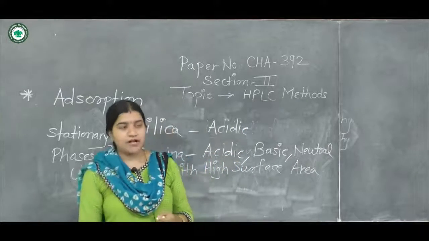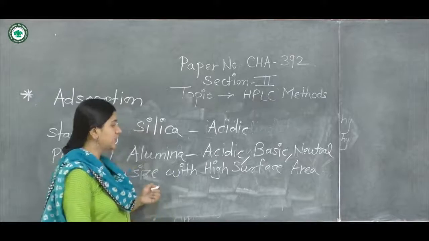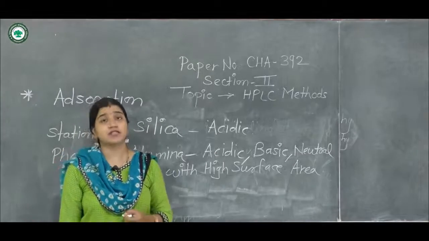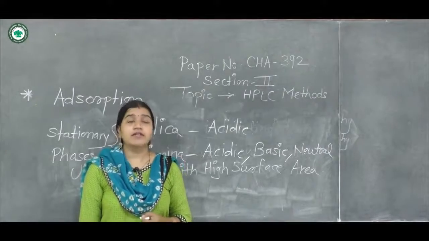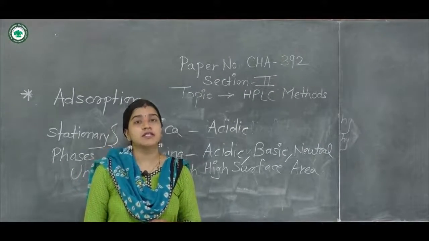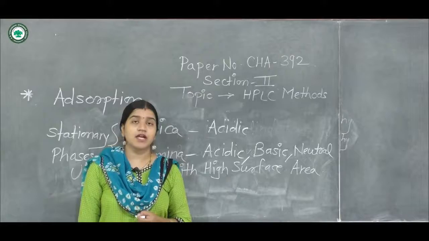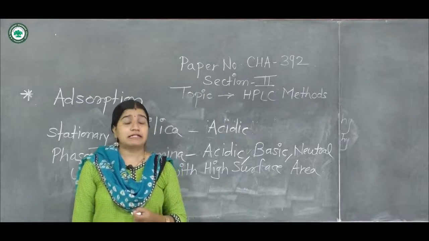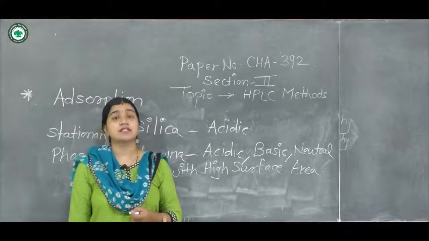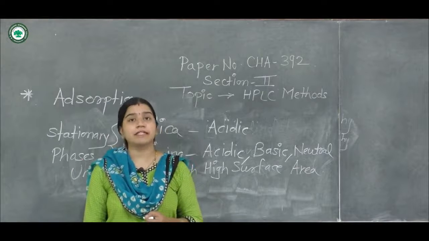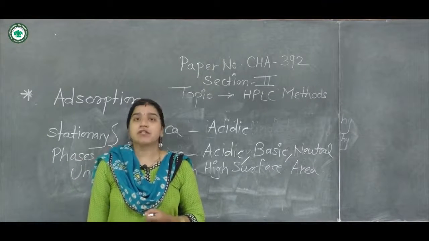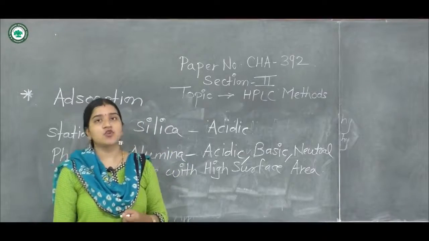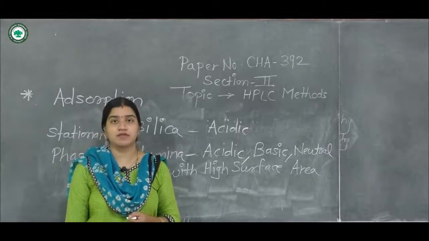In adsorption chromatography, the particle size of the stationary phase plays a very important role. When studying the fundamental concepts of chromatography, we studied column efficiency, that the efficiency of a column increases with the decrease in particle size. That principle is also applicable to the stationary phases.